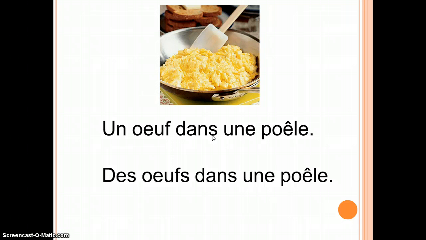Is it un œuf dans une poêle or is it des œufs dans une poêle? Une poêle is a skillet. It would be des œufs dans une poêle because you have some eggs in the skillet. So pluriel.